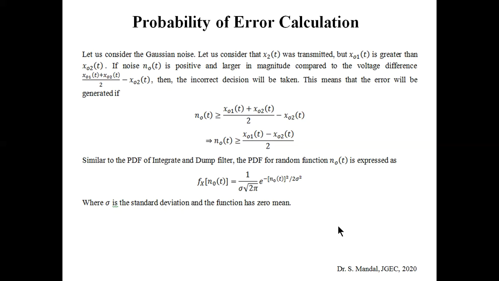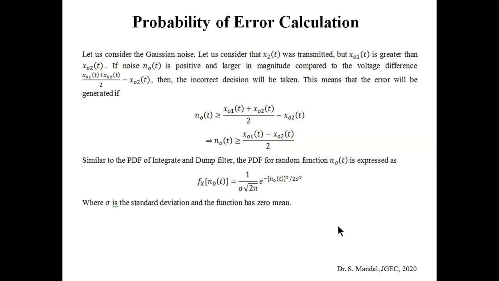That means the output will be closer to x01, and the decision will be in favor of x01t, or 1. Okay, that means an error will be introduced.